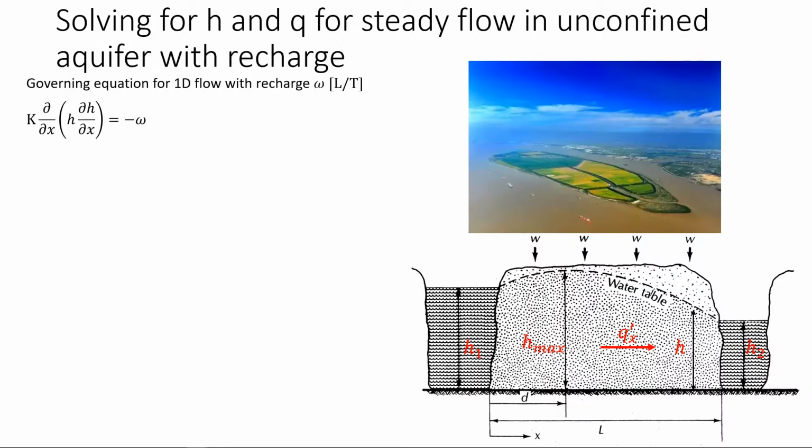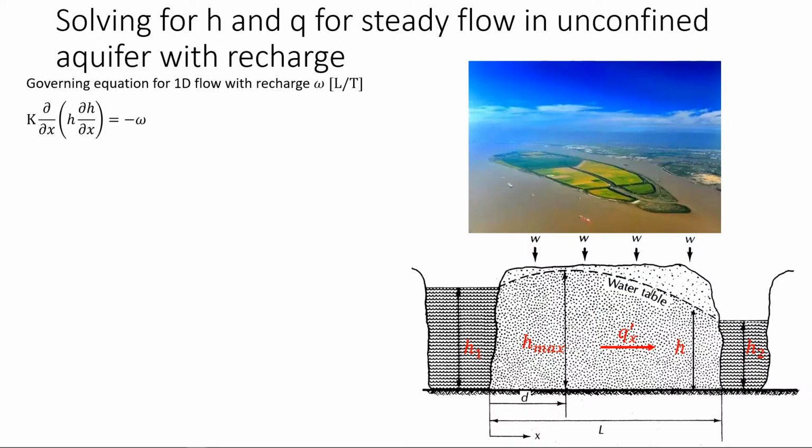Let's say you went to a small island, like one of these small Caribbean islands or American Samoa, and they tell you we want to know the head levels here, given a certain recharge rate, because with a certain recharge rate we get flooding, or when the recharge rate is very low we get very dry and cannot tap into our freshwater resources. So can you calculate the head here, our groundwater level or water table, at different recharge conditions?